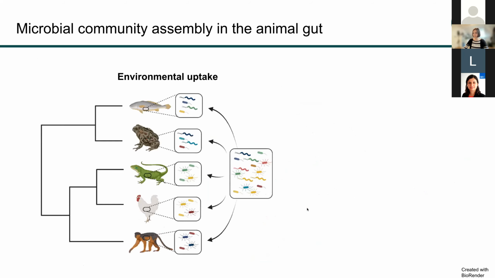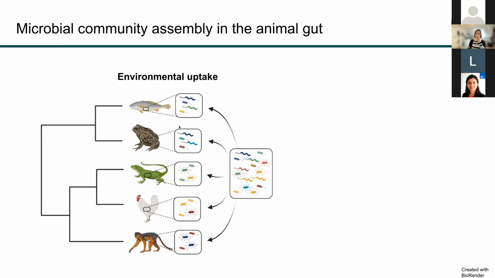This contrasts to an alternate scenario of environmental uptake in which ecological processes really dictate microbial community assembly, such as host diet, host habitat, or host geographic distance. And here, microbes are uptaken from the environment or other hosts relatively rapidly.